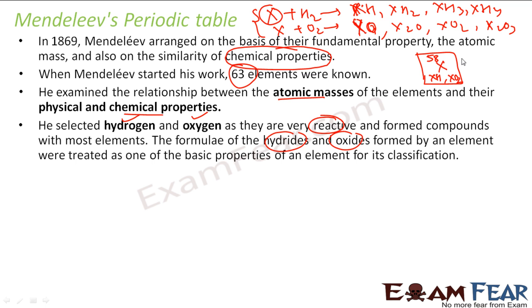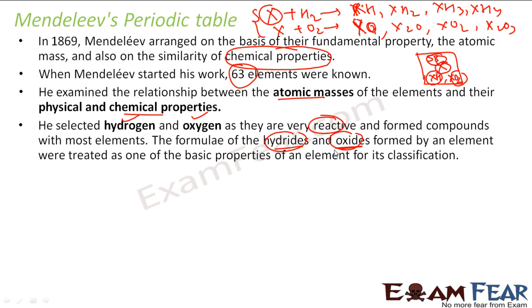So he created 63 cards like this, with all the 63 element names, all the hydrides and oxides, and all the atomic masses. Once he had all these values, he grouped these elements based on these hydrides and oxides. They are the critical thing here.